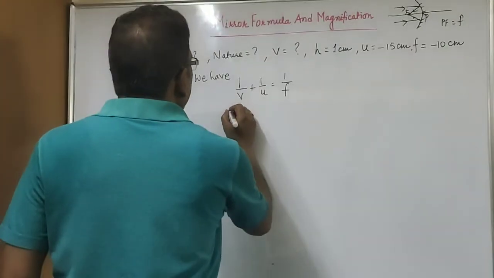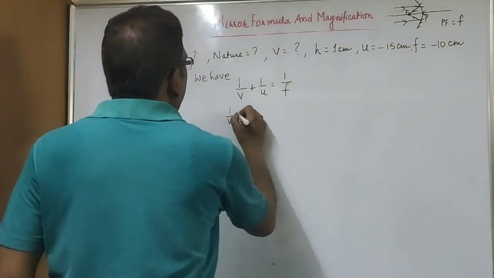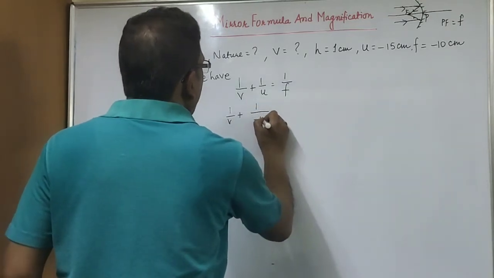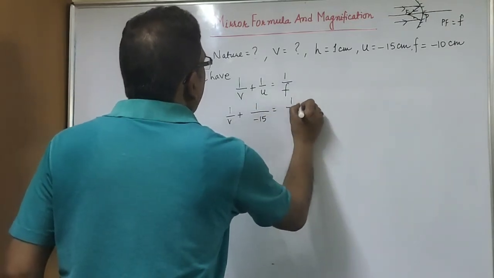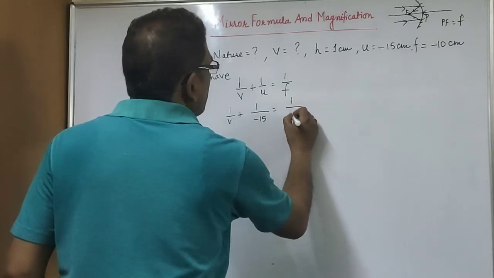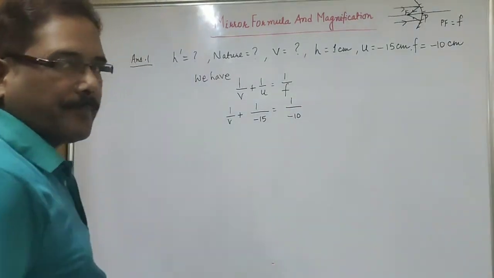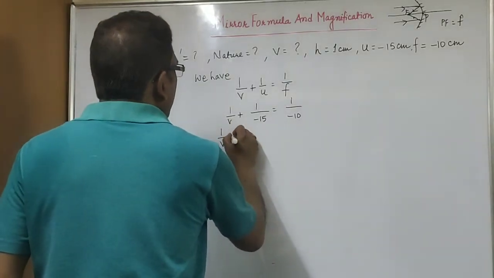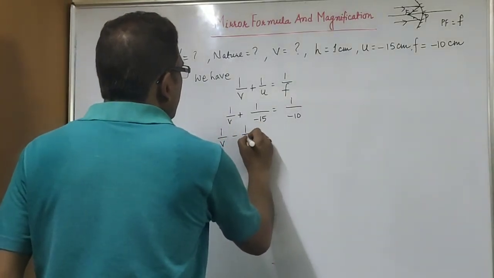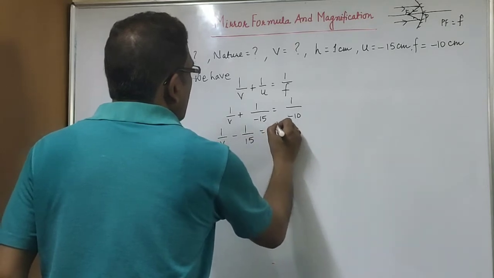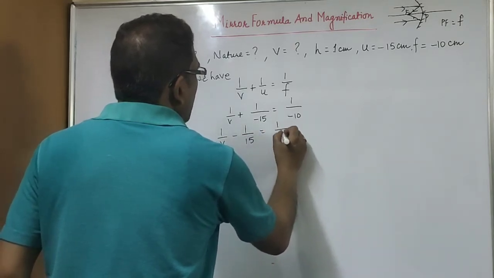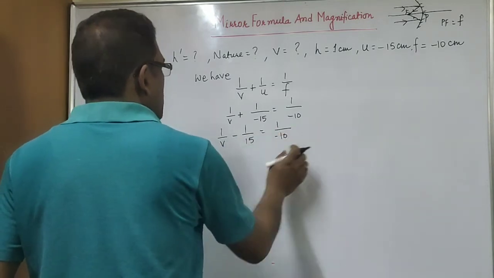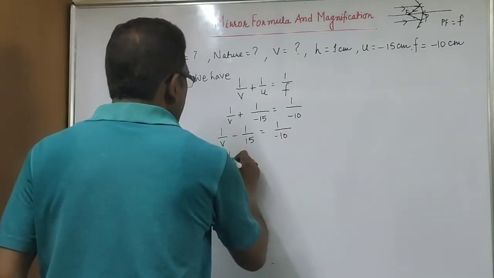So it will be 1 by v plus 1 by u, u is minus 15, is equal to 1 by f, and f is minus 10. So it will be 1 by v minus 1 by 15 is equal to 1 by minus 10.